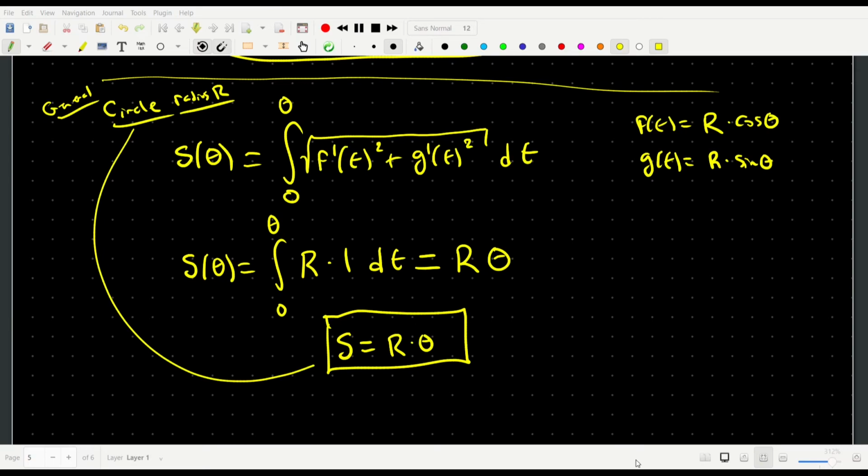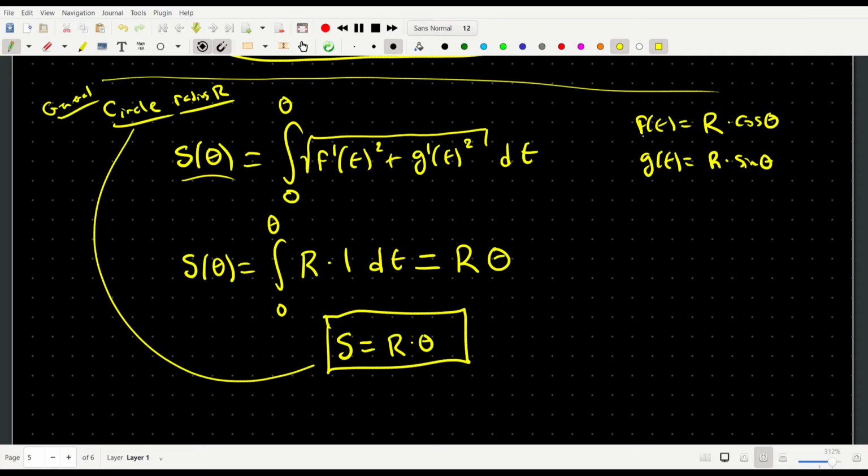In fact, for the circle and many other curves, we can go through and do this explicitly for any angle theta that we want. So for the circle, the arc length as a function of theta is going to be the integral from 0 to theta of the square root of f prime of t squared plus g prime of t squared dt.